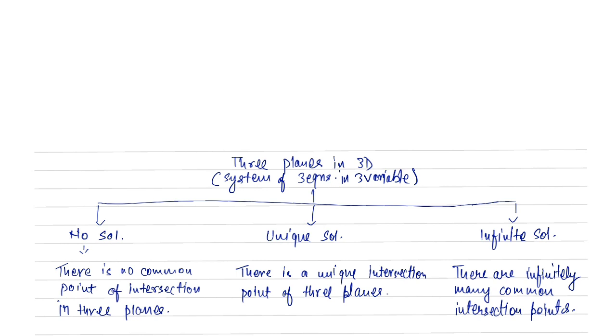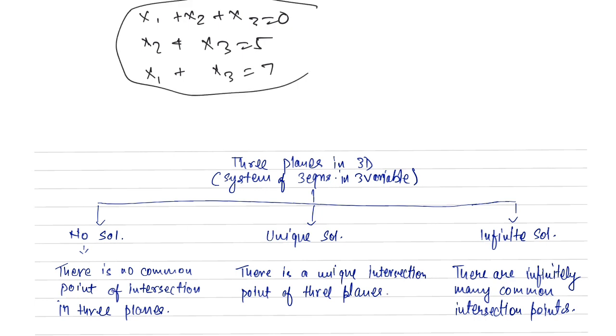See, let's say we have three planes: x1 plus x2 plus x3 is equal to 0. Let's say I am taking the example x2 plus x3 is equal to 5, and x1 plus x3 is equal to 7.